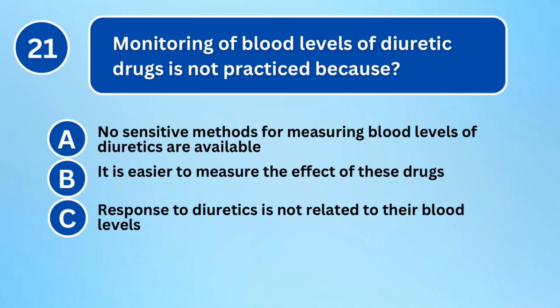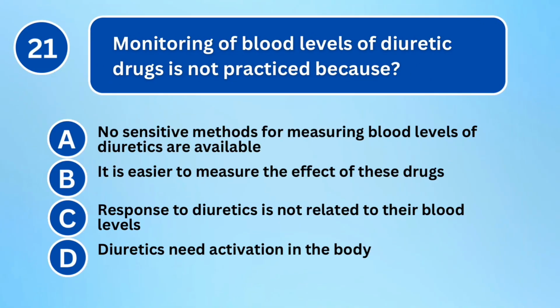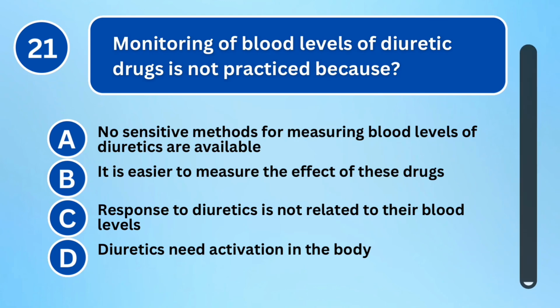Monitoring of blood levels of diuretic drugs is not practiced because A. No sensitive methods for measuring blood levels of diuretics are available. B. It is easier to measure the effect of these drugs. C. Response to diuretics is not related to their blood levels. D. Diuretics need activation in the body.